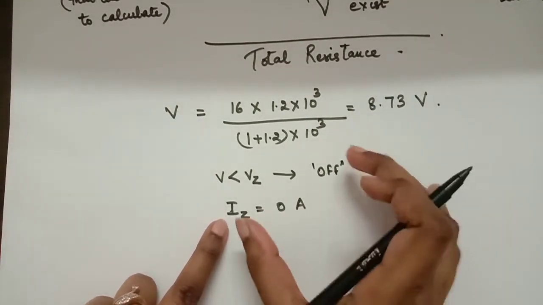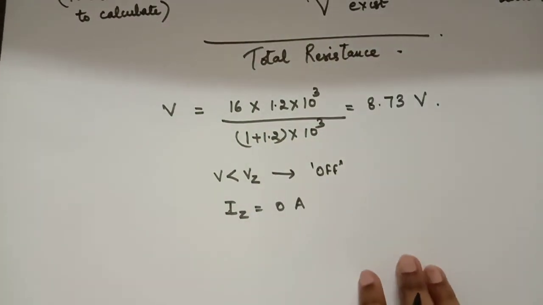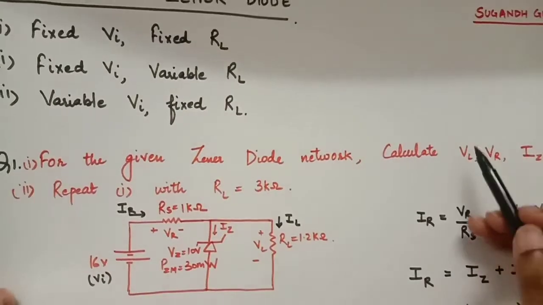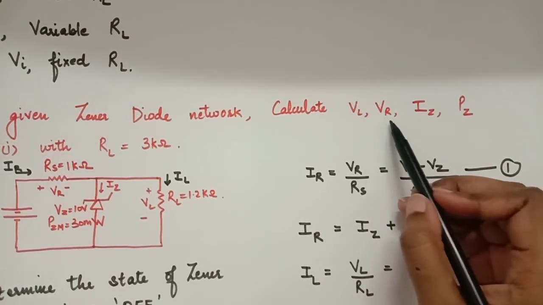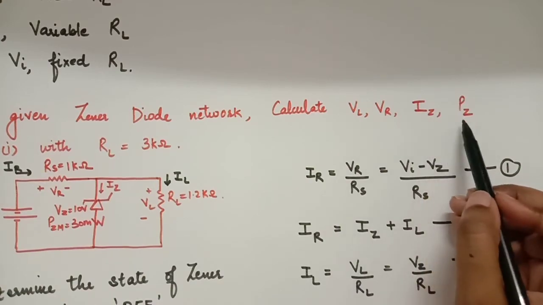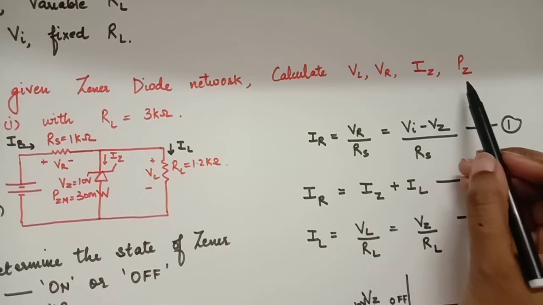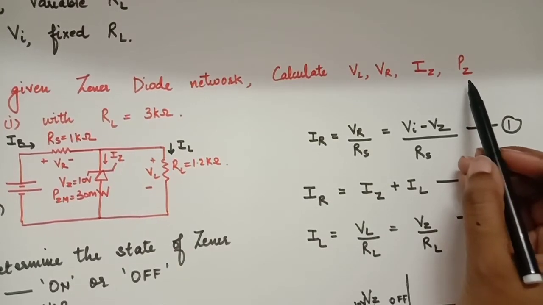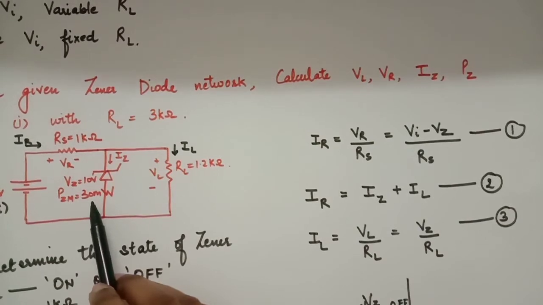Now we have inferred these many points from this particular step, and now we should see what parameters we are going to calculate. We need to calculate VL, VR, IZ, PZ. Now a question might come to the minds of students that PZ has already been given as 30 milliwatt.